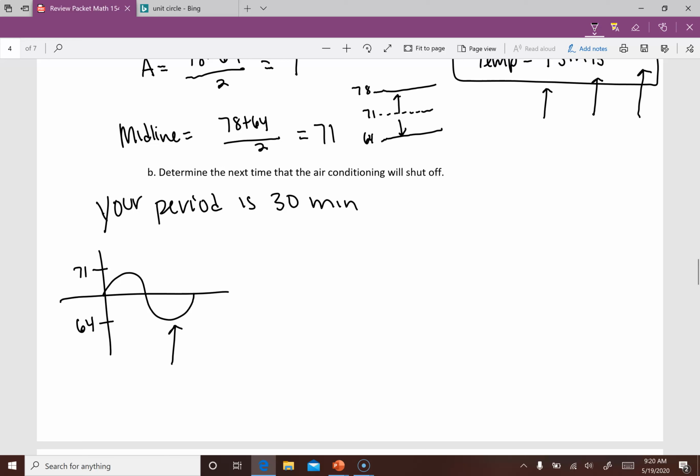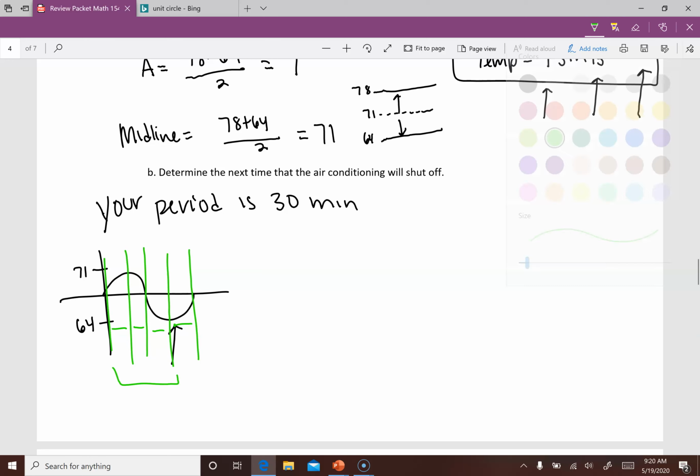So it shuts off right there, which is 3/4 of the way through your period, because you can think of this as, let me get a different color here. So you've got 1, 2, 3, 4 parts of sine, and we're really talking about having only 3 of the fourths of it.